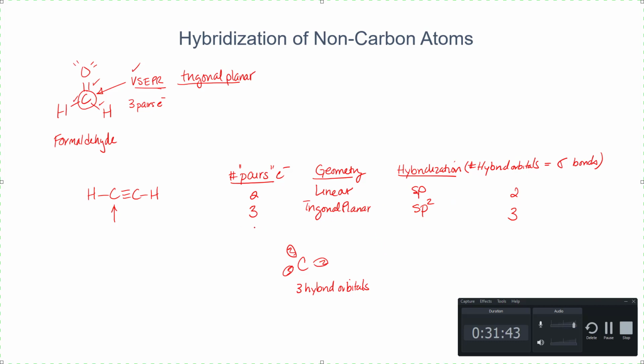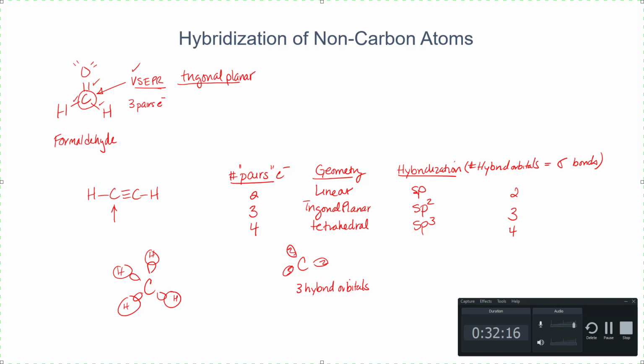So what if we had 4 electron pairs around our central atom, like we did for methane? How many hybrid orbitals did we have? How many sigma bonds did we have? We had 4. What was the hybridization? sp3. What's the geometry? Tetrahedral.